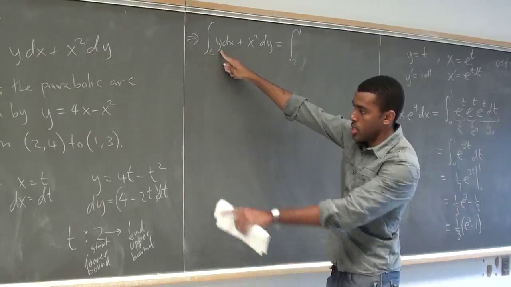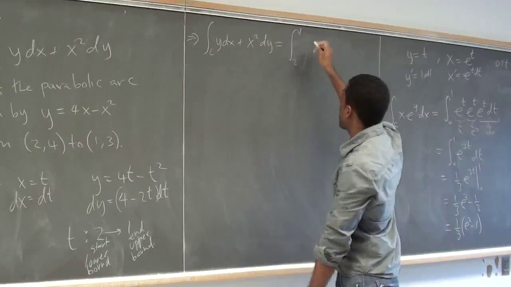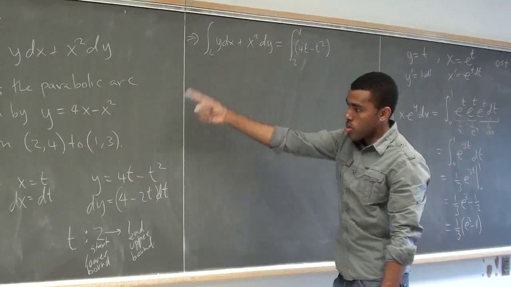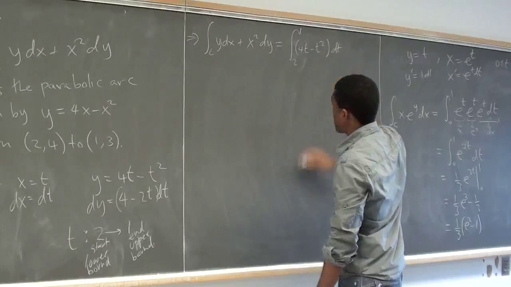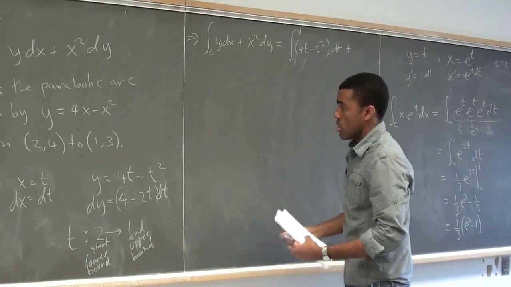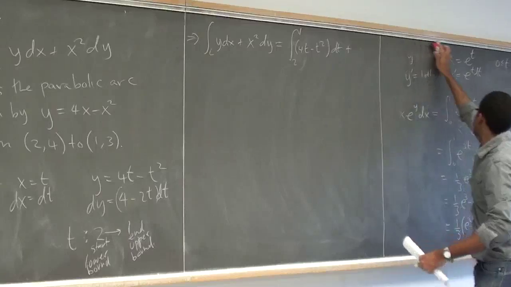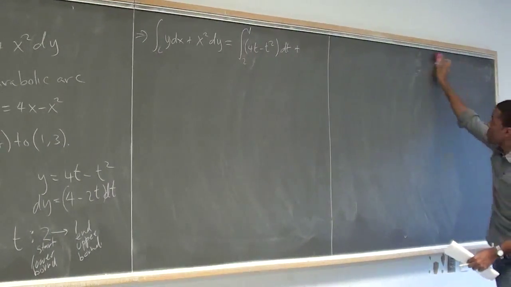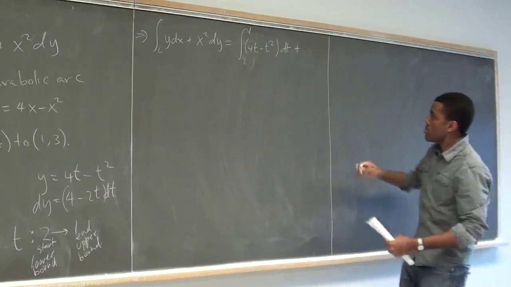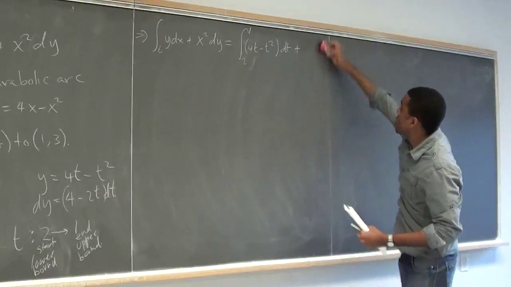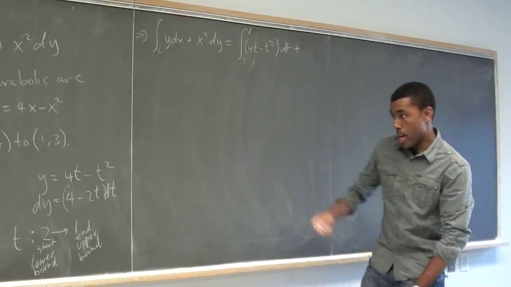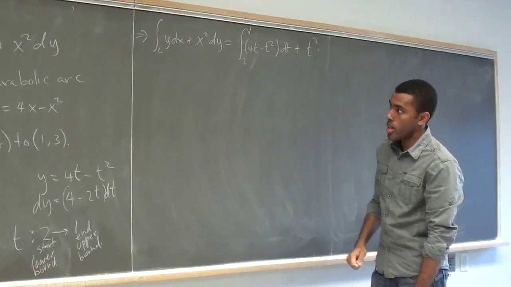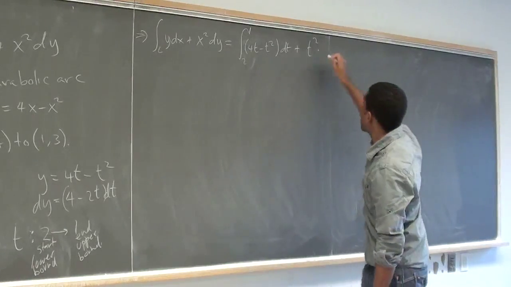The y was actually 4t minus t squared. dx was just dt plus x squared. My x was just t, so x squared is just t squared times dy, right? And my dy is this guy.